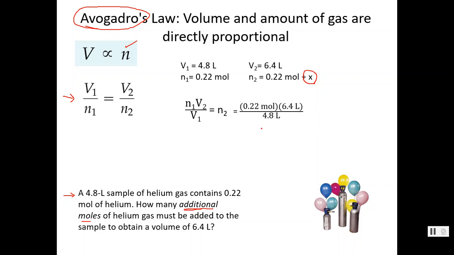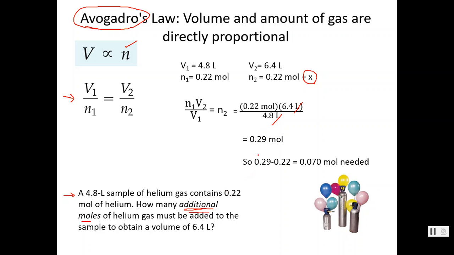Go ahead and put in your values that you were given. See your units cancel appropriately, so you're left with moles. When you put that in your calculator, you will get 0.29 moles. That is N2. It's not the final answer for the question, because the question wanted to know how many additional moles had to be added.